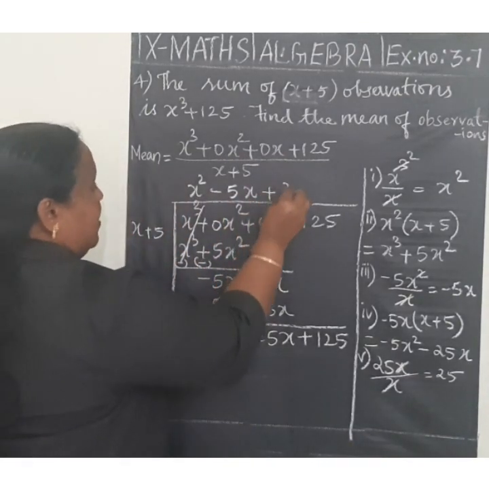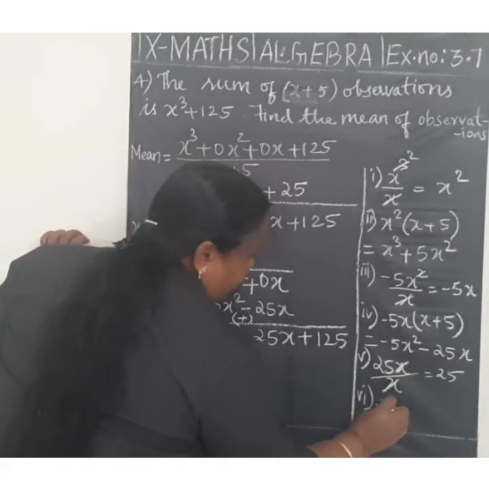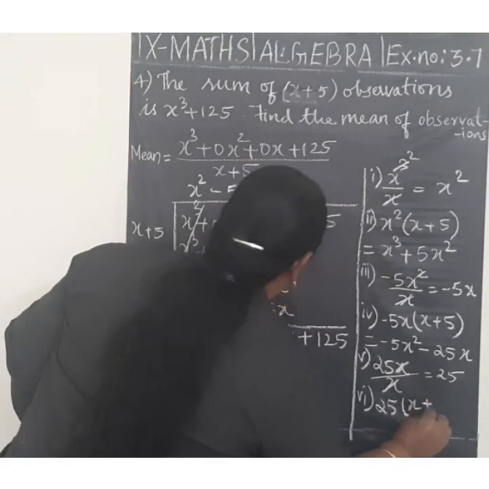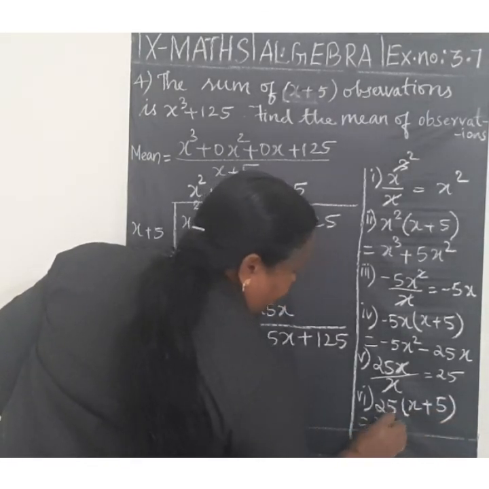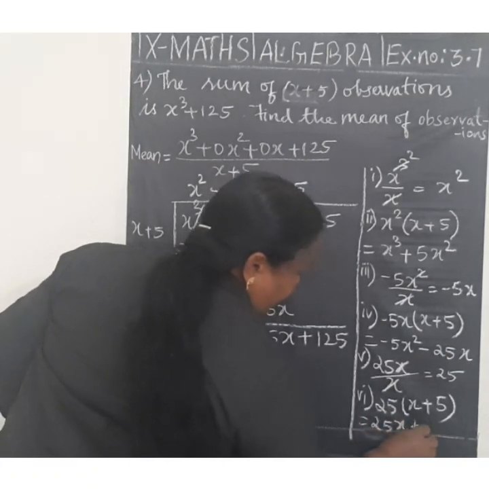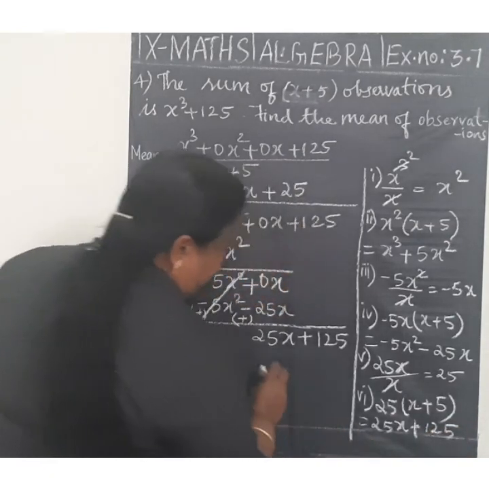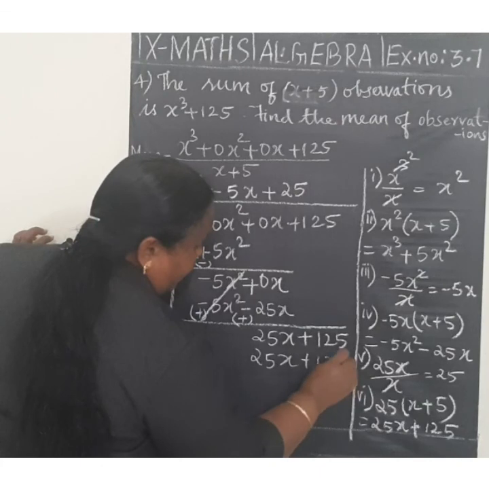So here plus 25. Next, we multiply this 25 by the divisor x plus 5. So 25 into x is 25x, plus 25 into 5 is 125. So here 25x plus 125.